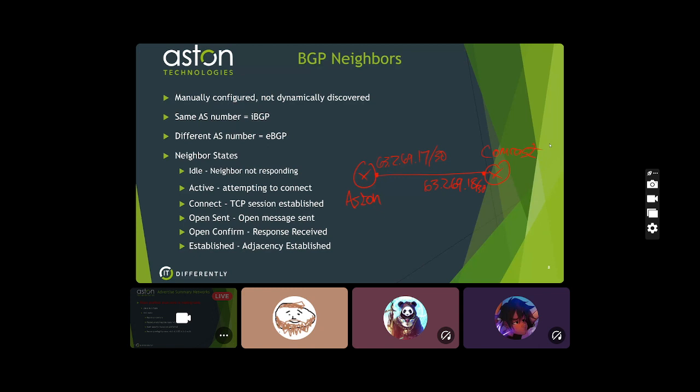Each device will need a statement saying, I am this person, I am expecting to talk to this autonomous system number, 7922, and I should be receiving my response from this IP address. It is extremely explicit.